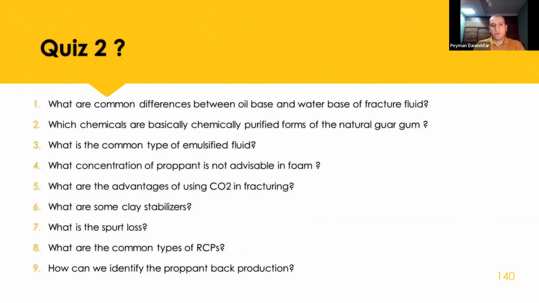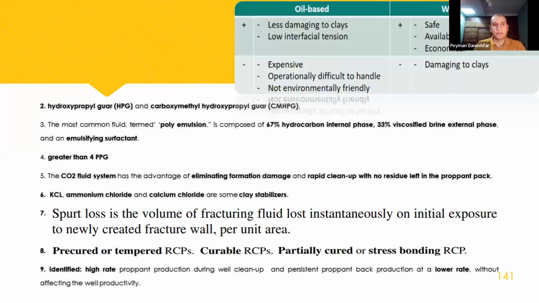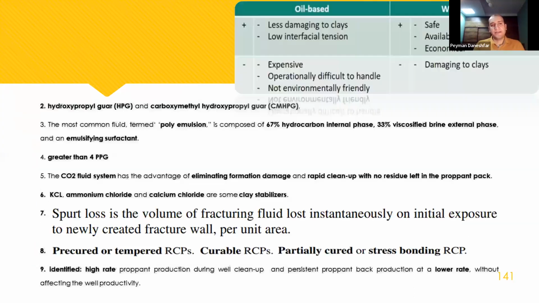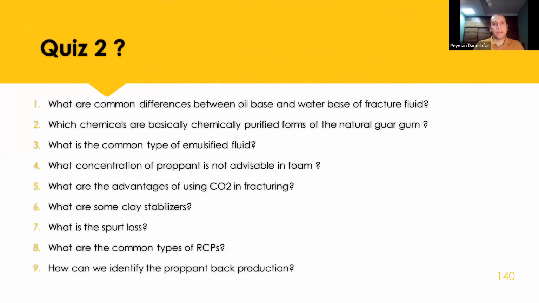What are the advantages of using CO2 in fracturing? The CO2 fluid has the advantage of eliminating formation damage and rapid cleanup with no residue left, and no Proppant back production. What are some clay stabilizers? KCl, calcium chloride, and ammonium chloride.